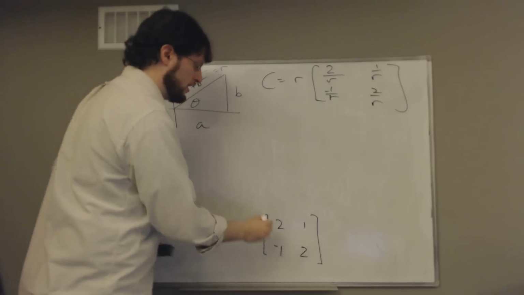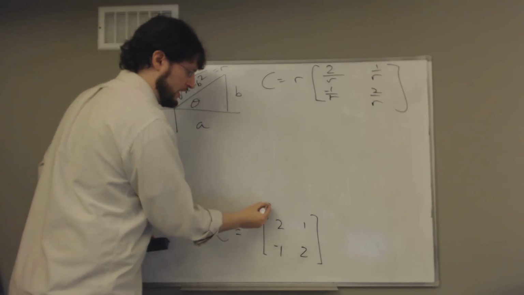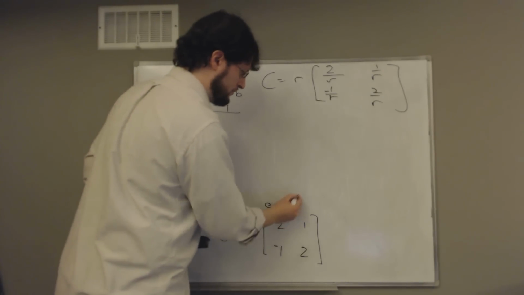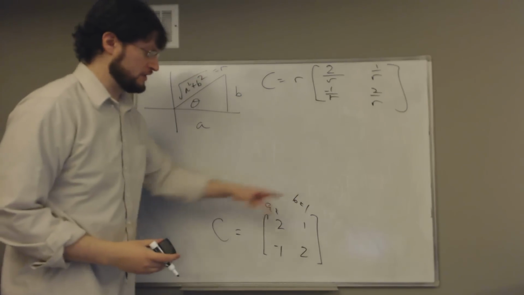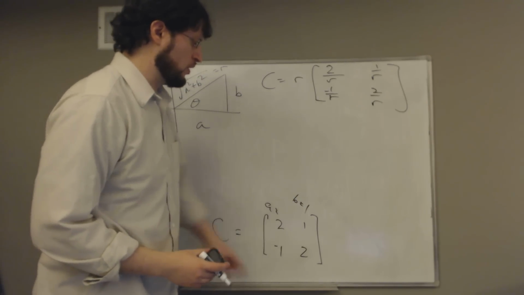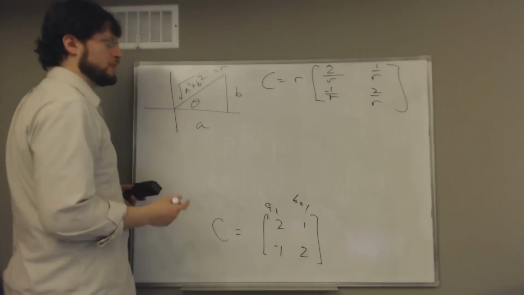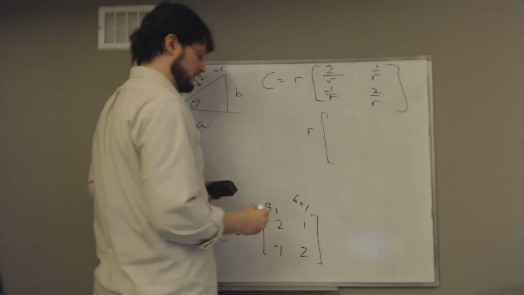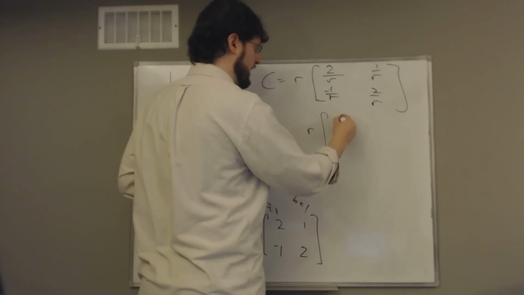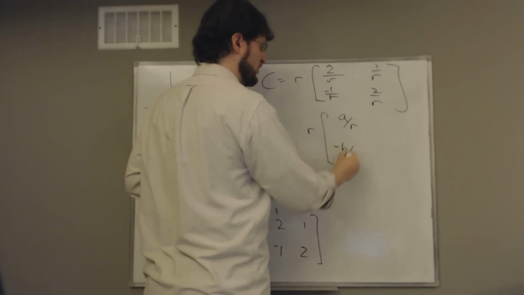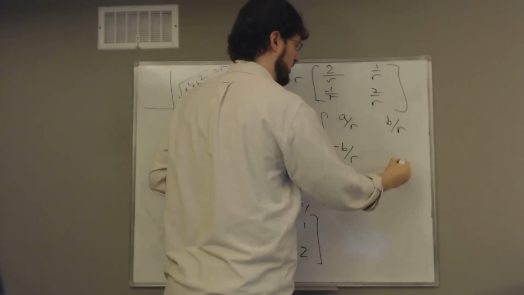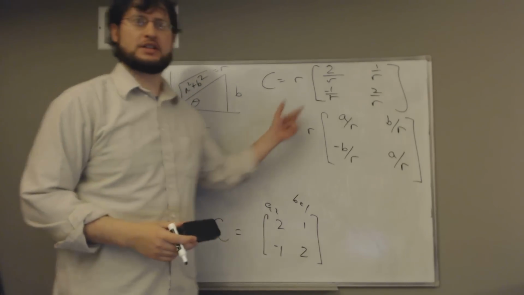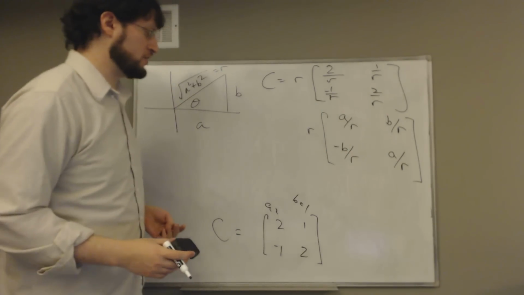In this picture, I'm going to put this as A. So A is going to be 2, and B is going to be 1, the positive version of this 1 minus 1. Okay, so in general, what we've got is R times A over R, minus B over R, B over R, A over R. And anytime we have a matrix like that, we're going to discover that this is, in fact, a rotation matrix.